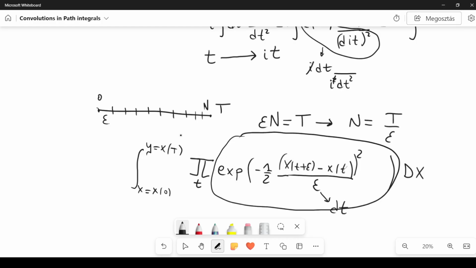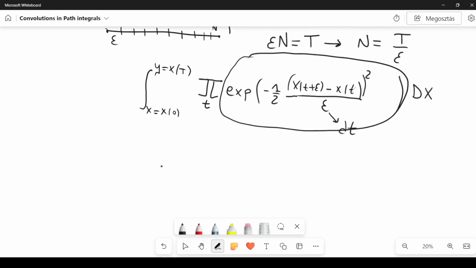Basically, we have an integral of functions which are very close to each other. This means that our amplitude k of x minus y, t depends on this difference here, and we really have to prove that indeed we get this difference. But we have shown that the integral can be written as a series of convolutions.